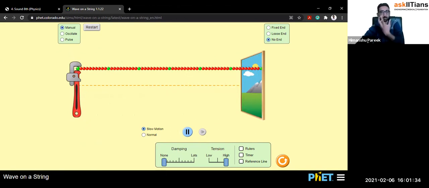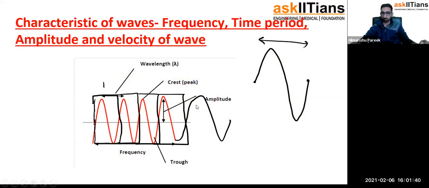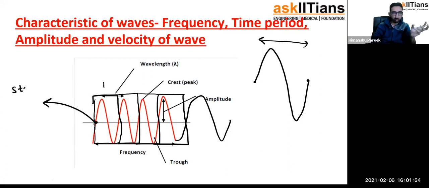Now you remember this diagram, this animation in your mind, because I will need this here. So when I move my hand, one wave is being produced. So basically the energy which was getting produced, let's say this is the starting point.